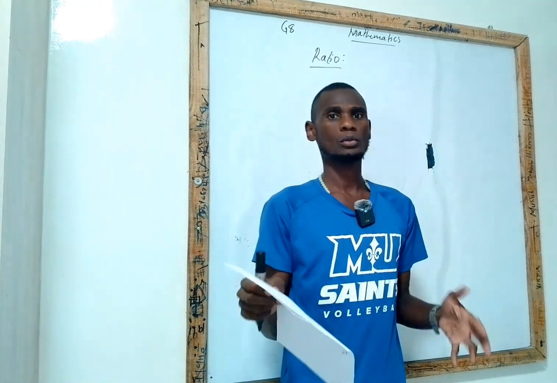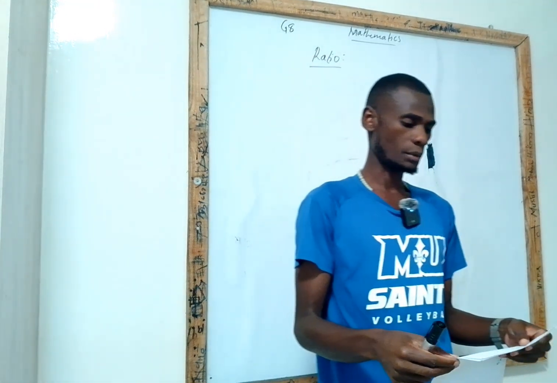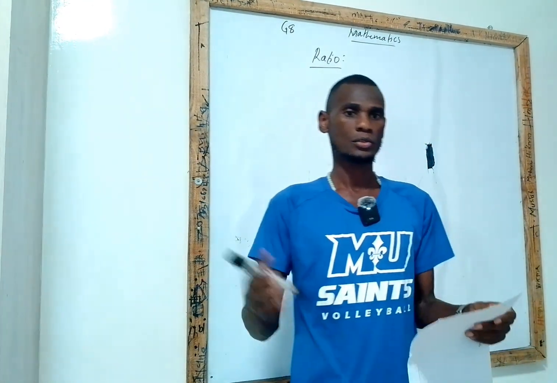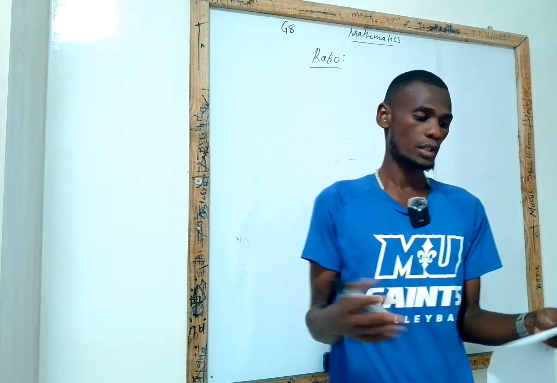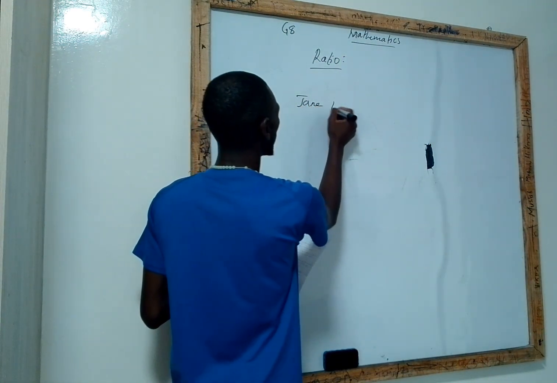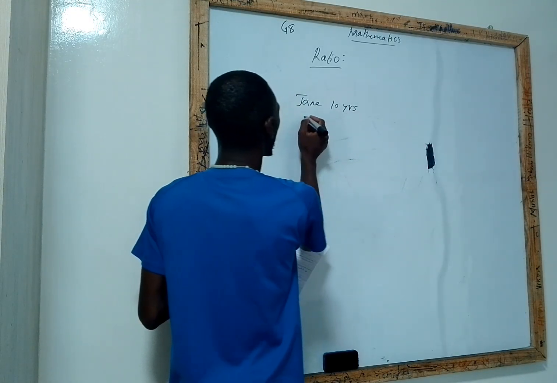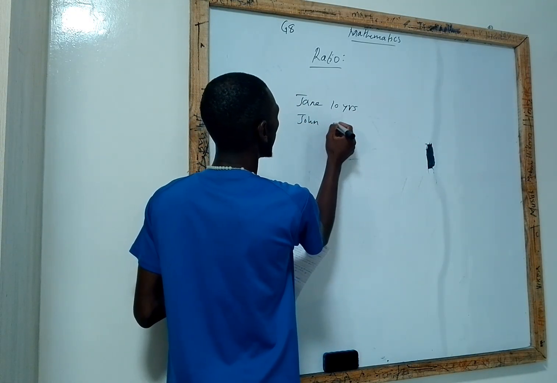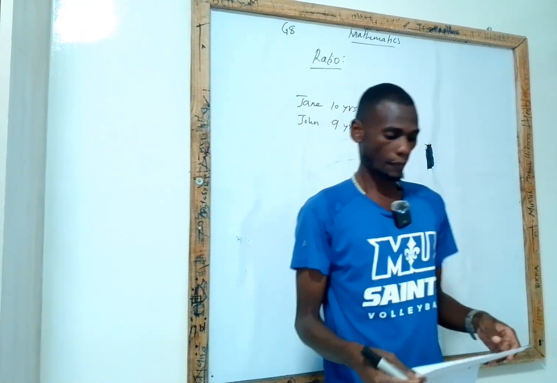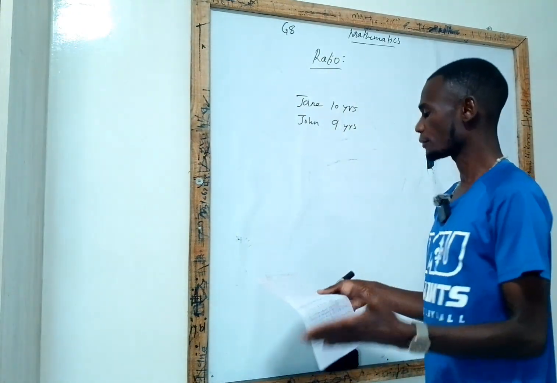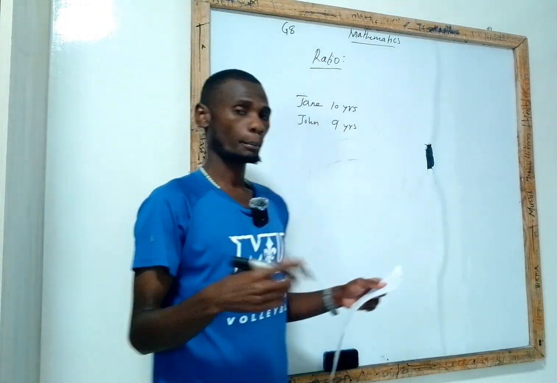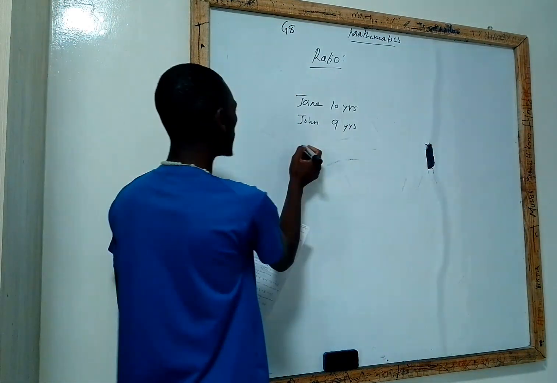When you are comparing two or more quantities, for example, you can be told Jane is 10 years, John is 9 years. So these two people, Jane 10 years and John 9 years. These ages can be compared as, for example, Jane's age.